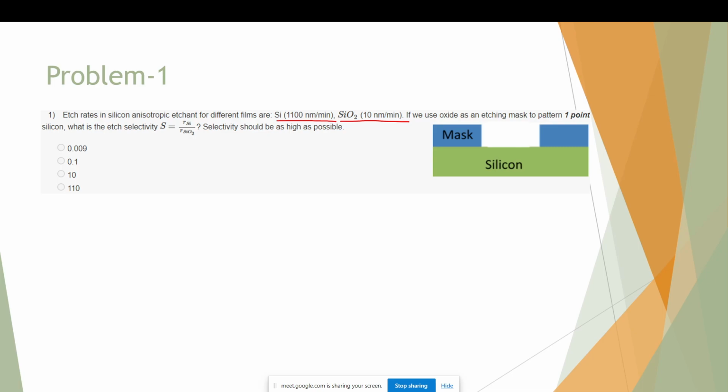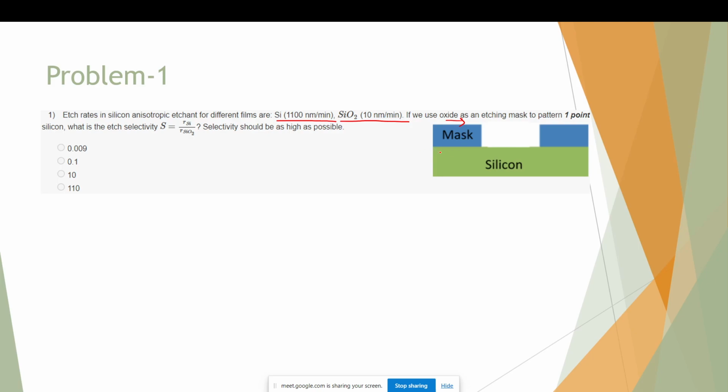They have already given the formula for selectivity here. Selectivity just means the ratio of etch rate of silicon to that of silicon dioxide. If it is high, that means we can etch more of silicon without losing the entire mask. When we put an etchant here, it will etch the mask as well as the silicon. So the mask thickness will go on reducing and silicon thickness will also go on reducing, but we want only the silicon to reduce and the mask to stay there.